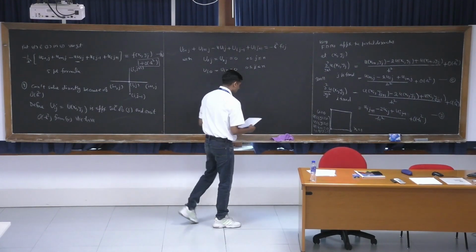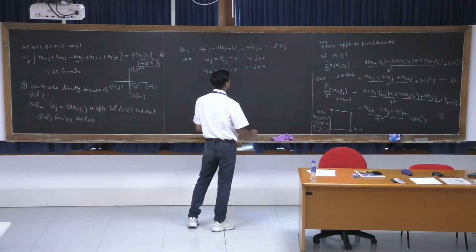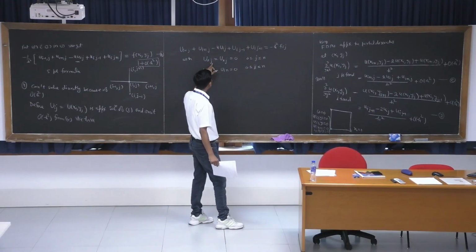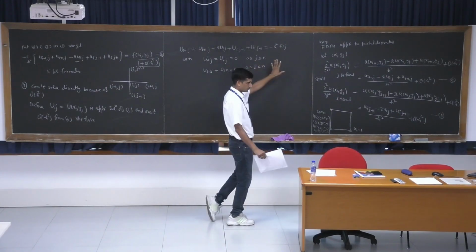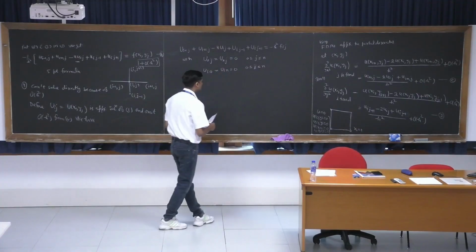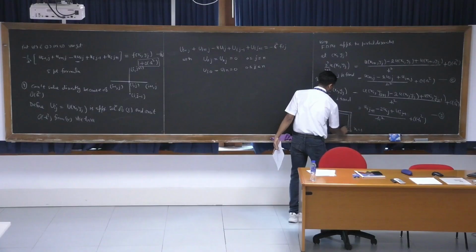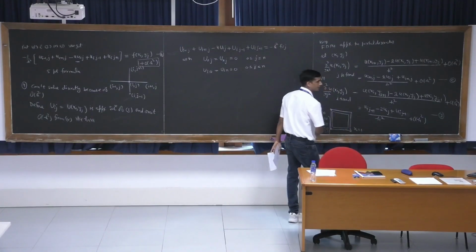So whenever you apply the boundary condition, this means U_00, U_01, U_02, U_0n all are given to you. Similarly here. So this means we just have to compute the solution inside this domain, not at the boundary.